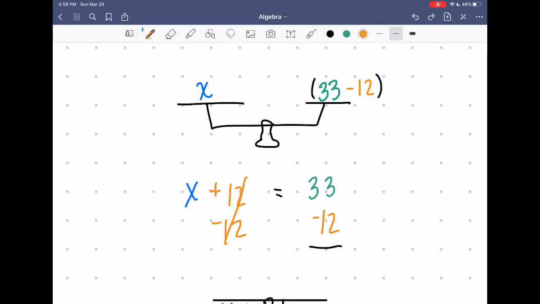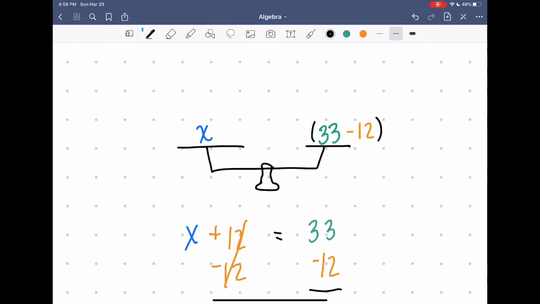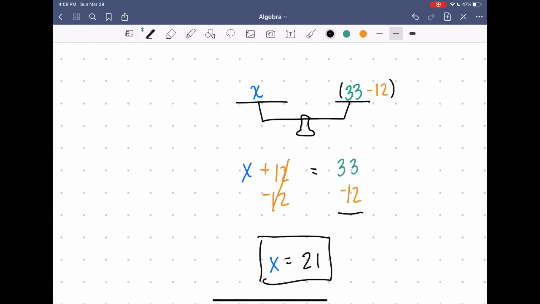And that works out for my equation here. I had x plus 12, and I took away 12, equals the amount of 33 minus 12. So all I have to do is subtract 12 from 33, and I would get the answer of x equals 21. So we kept our equation balanced the whole time. We didn't make it lopsided, and then we were able to solve for the answer.